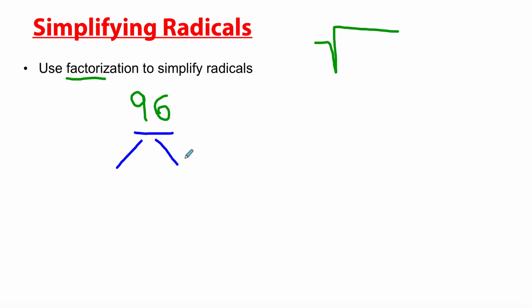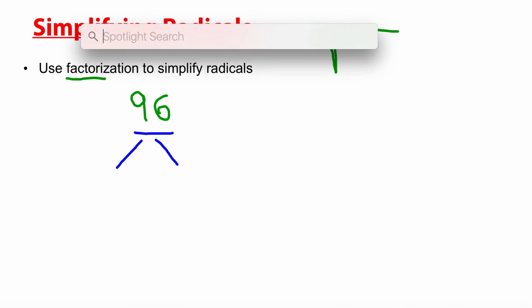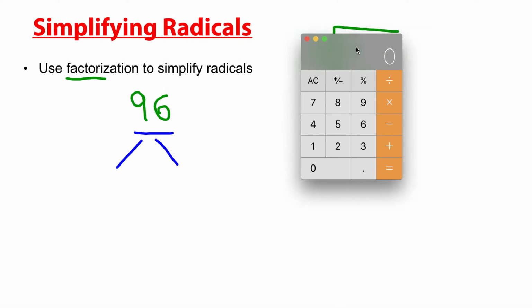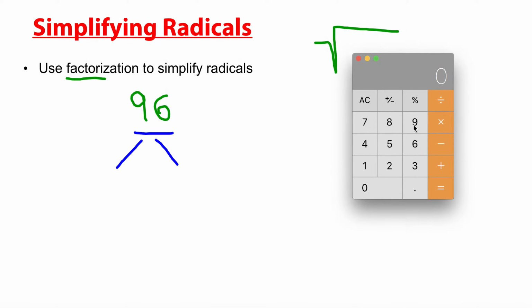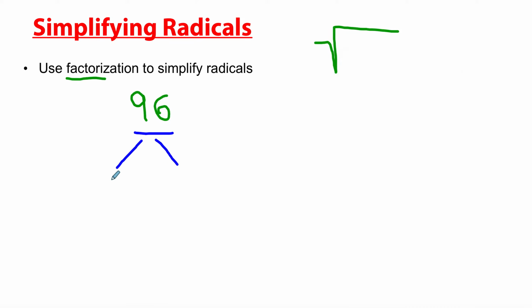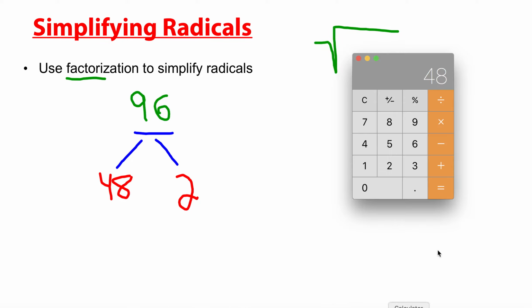It might be helpful to take out a calculator to see what all the different factors of 96 are. So obviously 96 is an even number, so let's see what we get when we divide 96 by 2, 48. So we could use 48 and 2 if we wanted to. But let's see what else there is.